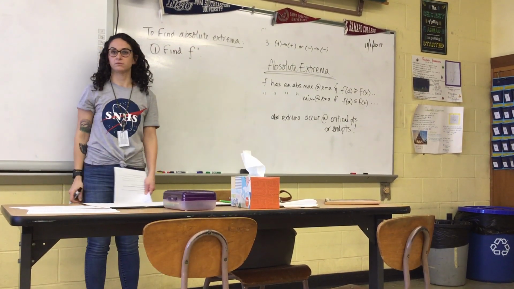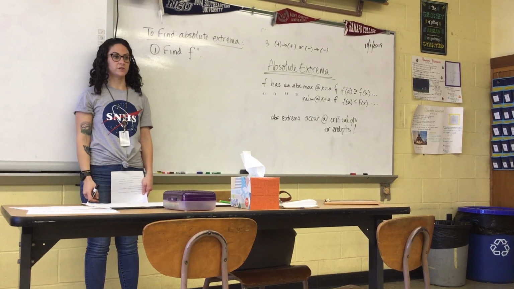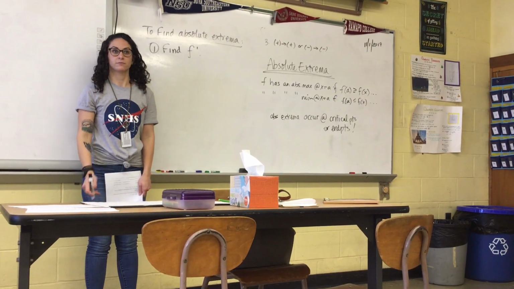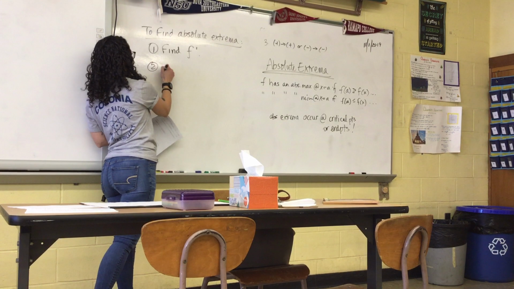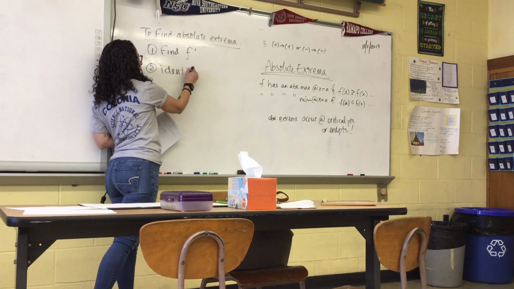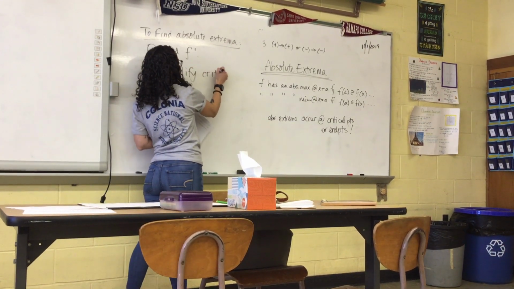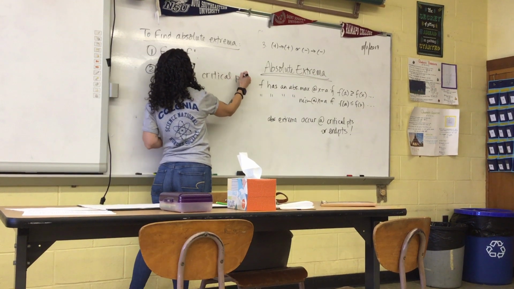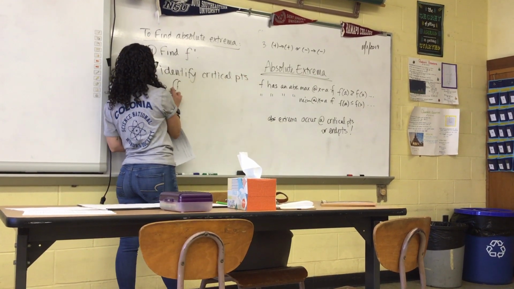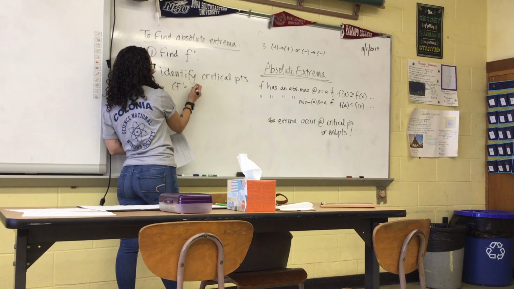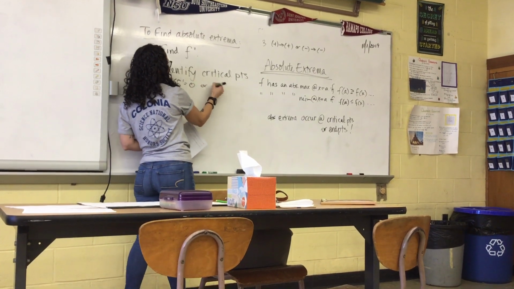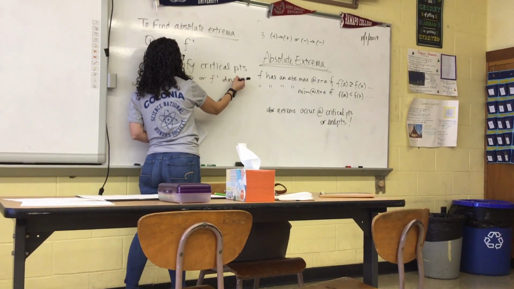Find f prime. Good, step 1, right? The second thing is going to be to identify the critical points, and again, that's where f prime is either equal to 0 or f prime does not exist.